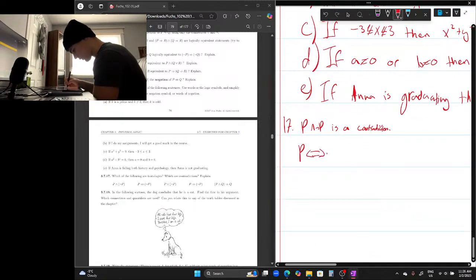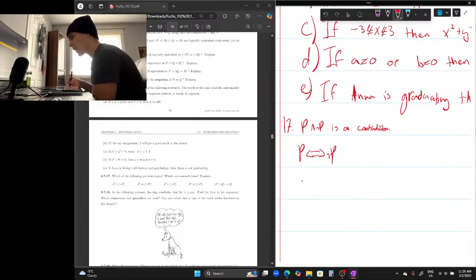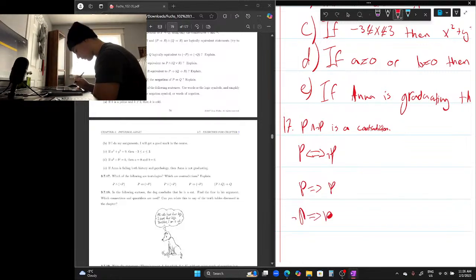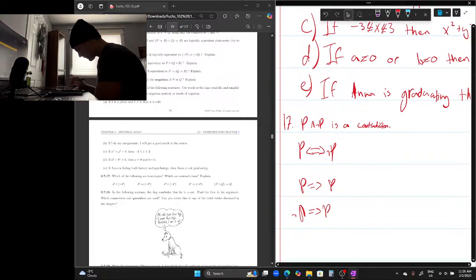P implies P and not P. This is because we have P implies P, and not P implies P. So I think this one might be neither, because we have true, this is true, false.